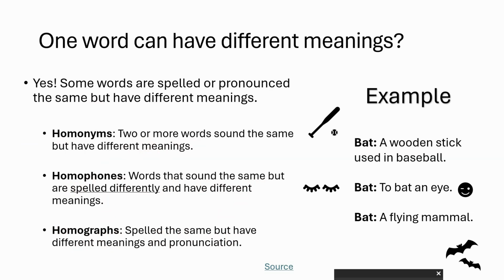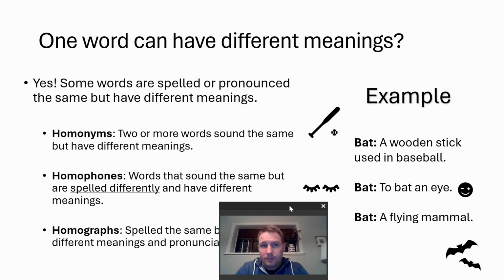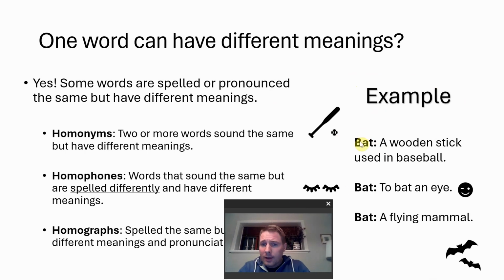Okay, but we're going to dive into an example of how one word can mean different things. The example that I made here on this slide is a bat. A bat can be a wooden stick used in sports such as baseball and other sports as well.